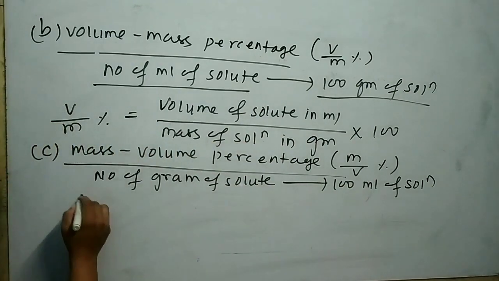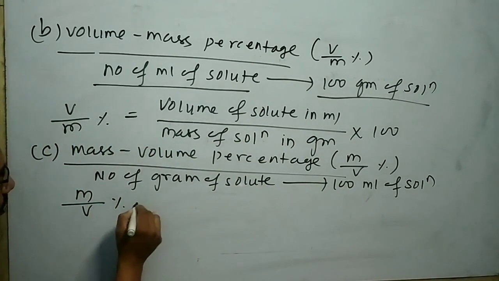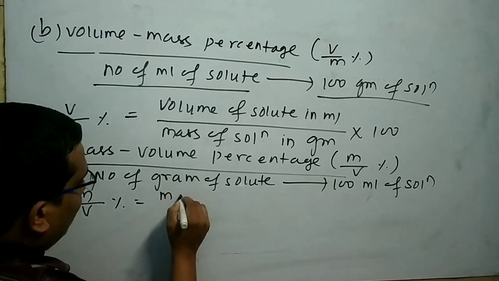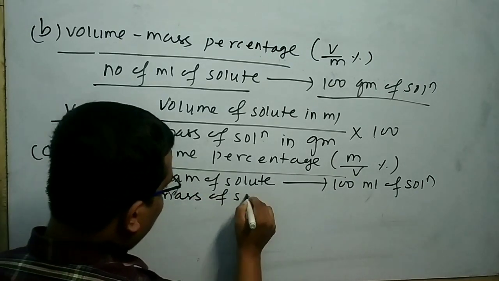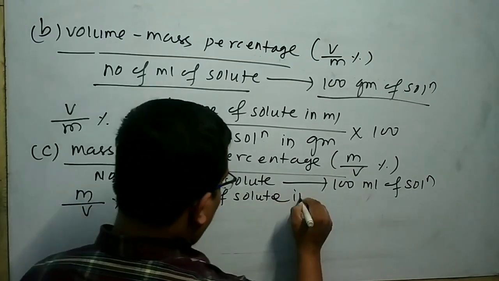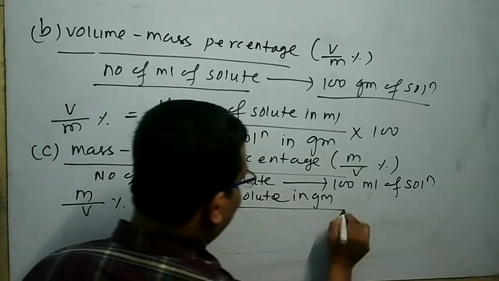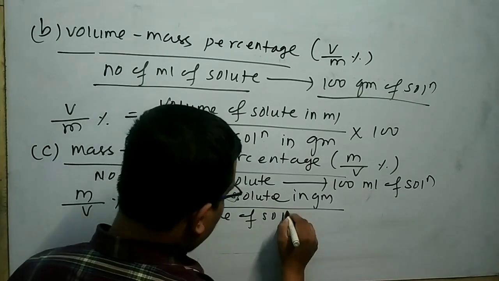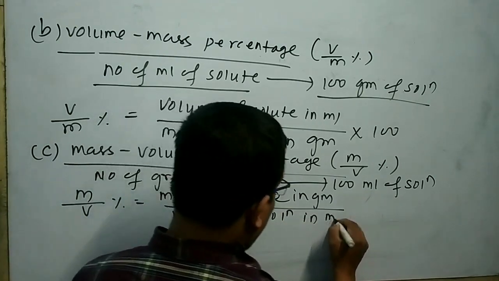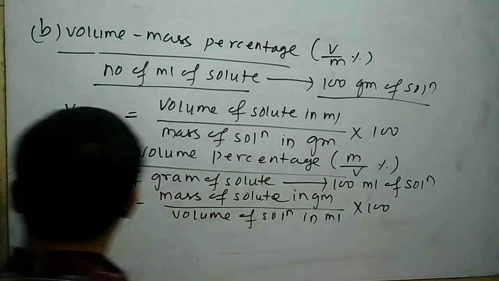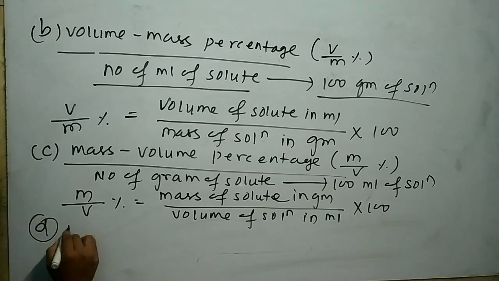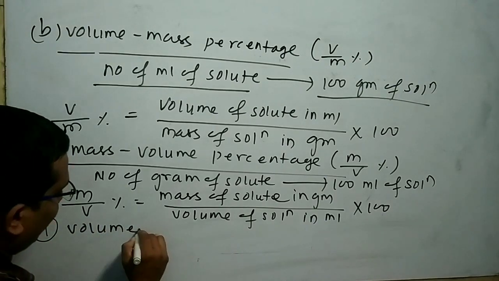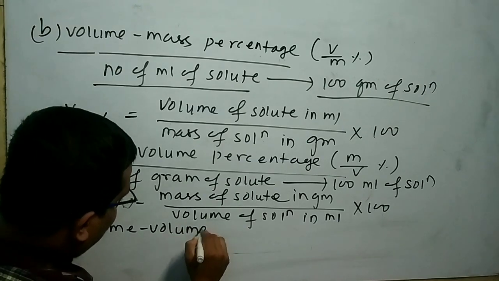Mathematically I can write m by v percentage equal to mass of solute in gram divided by volume of solution in ml into 100. Next percentage is your volume percentage.